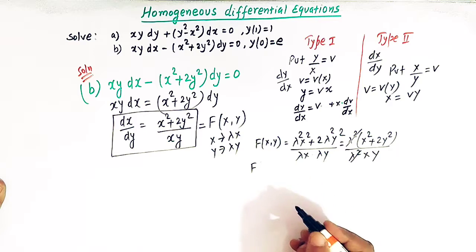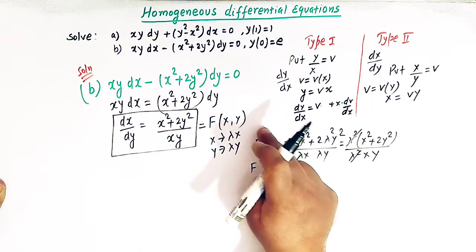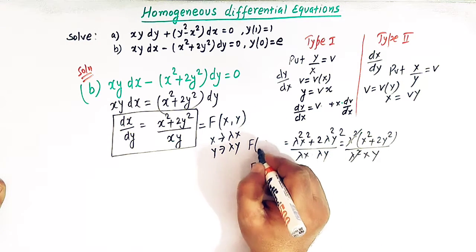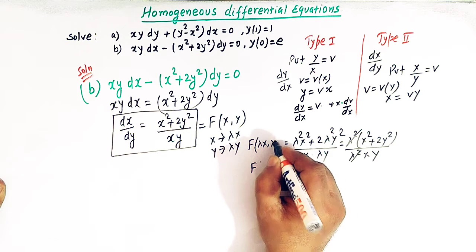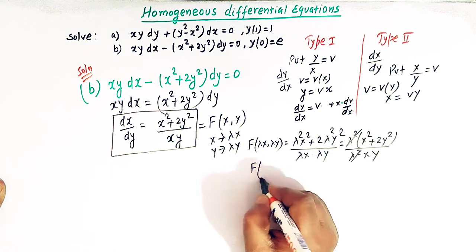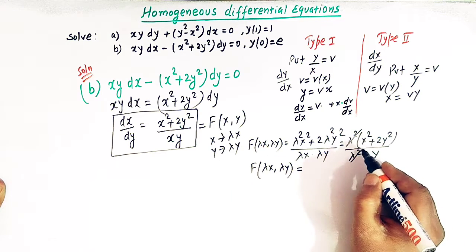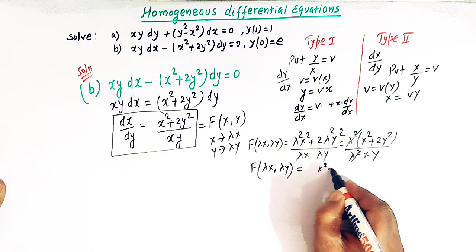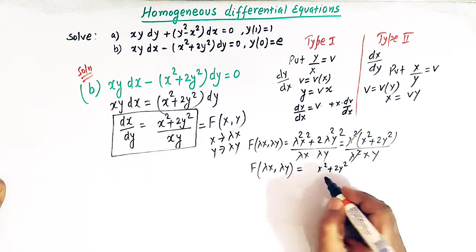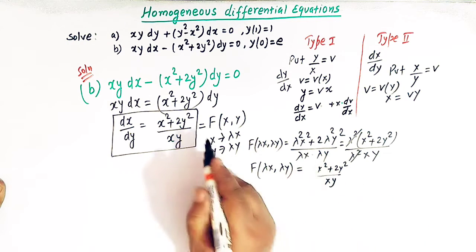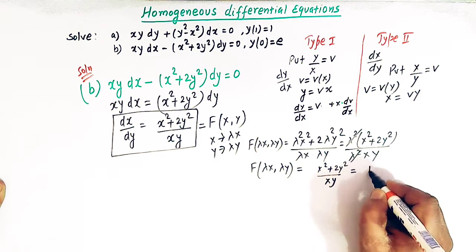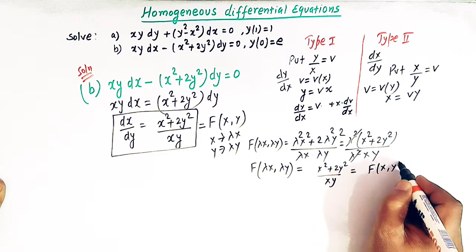So we can write f of lambda x comma lambda y is equal to x square plus 2y square over xy, which is our original function f of x comma y, right?